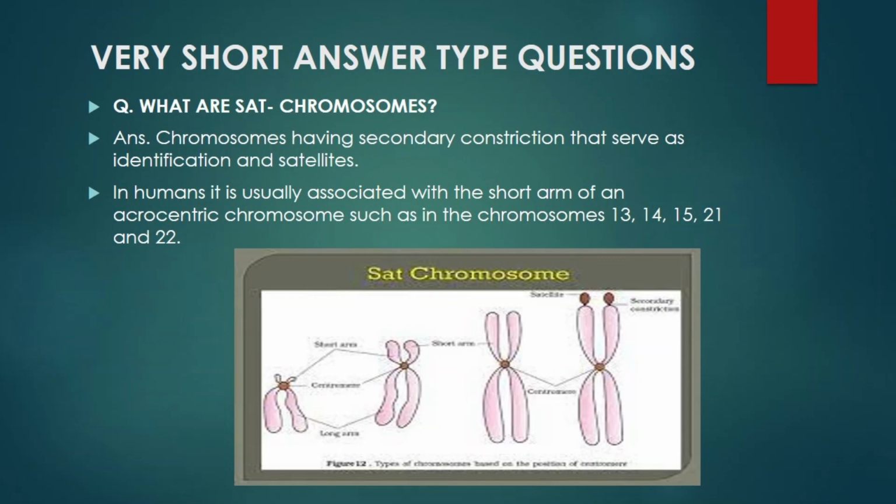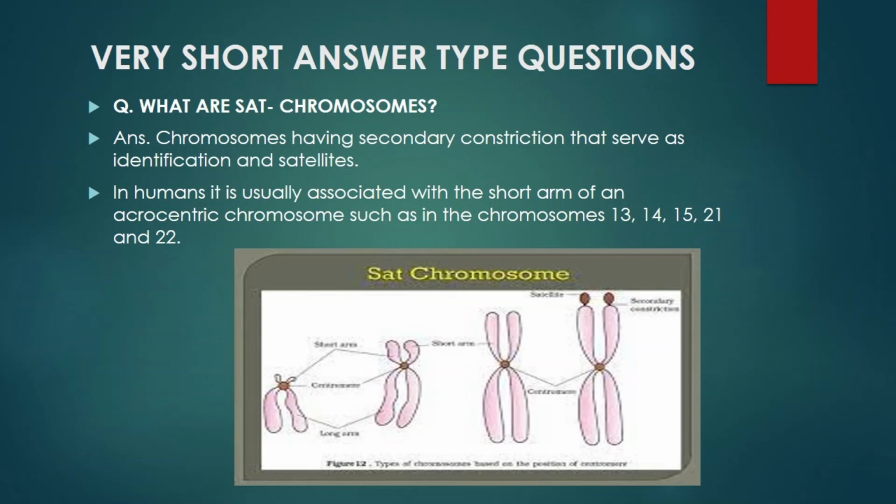It's not needed now because we have a long way to go. So in the short arm of an acrocentric chromosome, be aware of that term, such as in chromosomes 13, 14, 15, 21, and 22.